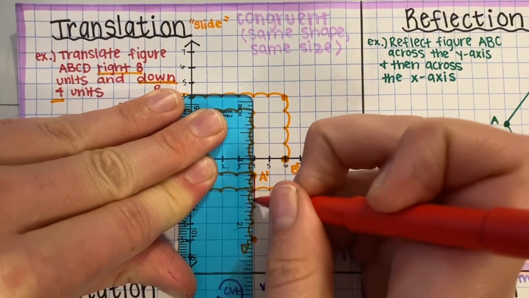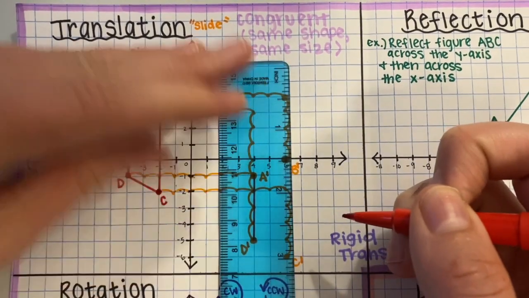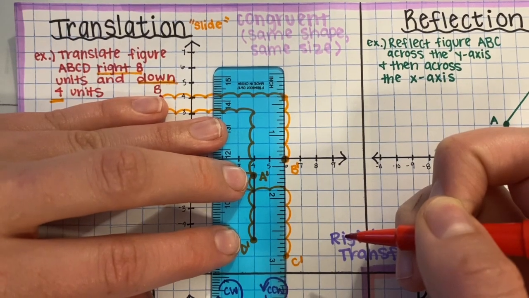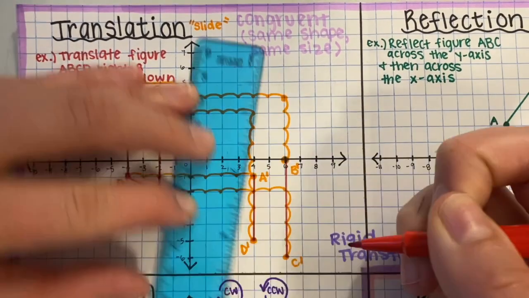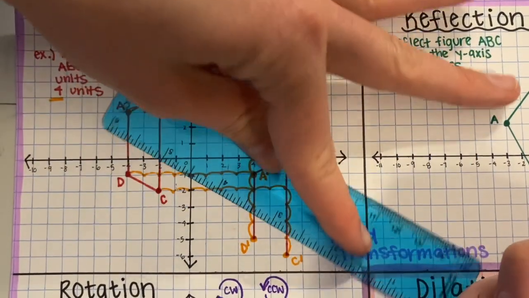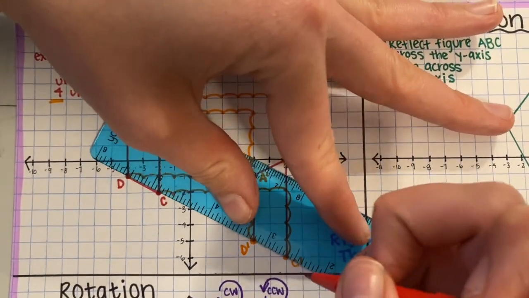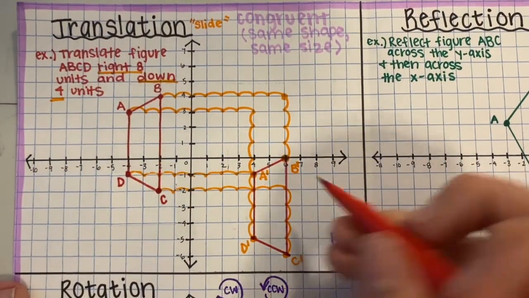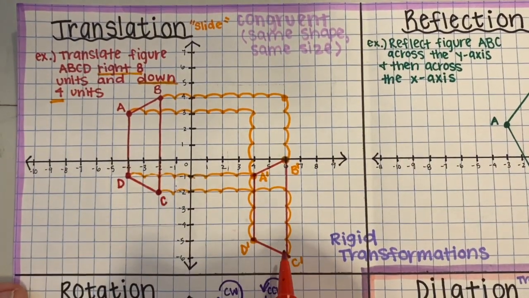So my new figure is the same exact figure I had before, just in a new location. So we're going to call this new figure A prime, B prime, C prime, D prime.